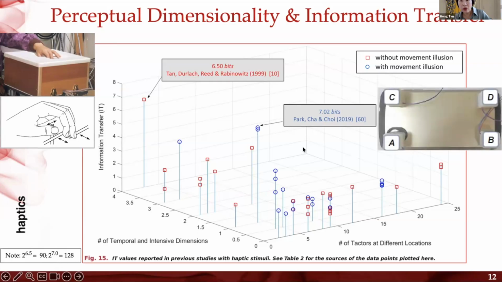So what did they do? They took a phone, they put 4 vibrators on there. So now they can turn on just one, they can turn on two, they can turn on three. And furthermore, because this is a blue circle, they also use movement illusion. So now you can feel a signal between A and B, and maybe it's like A, B, and D. So like you feel half of it, maybe it forms a whole circle. So you can imagine this is how the number of signals gets created.